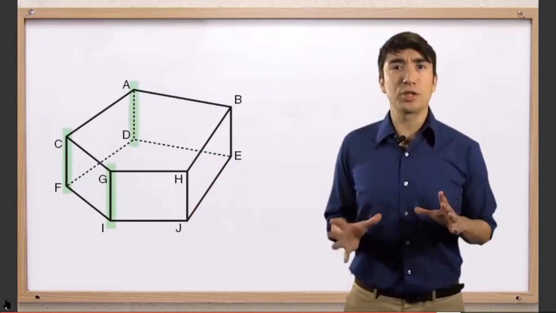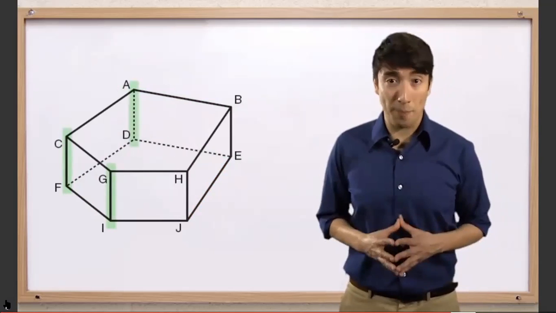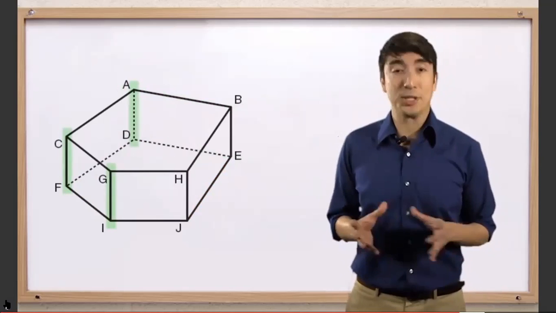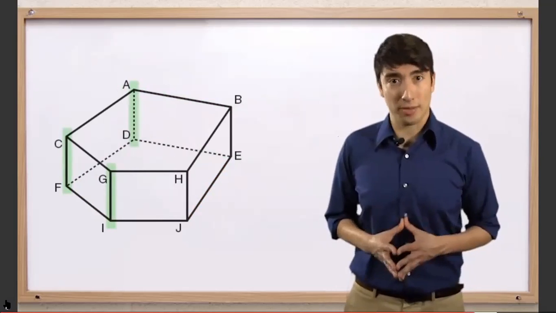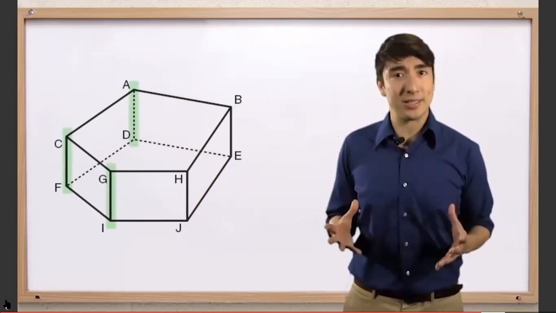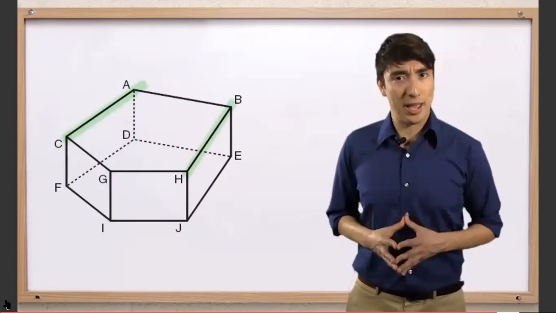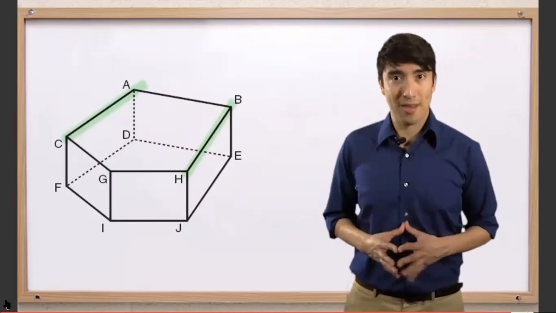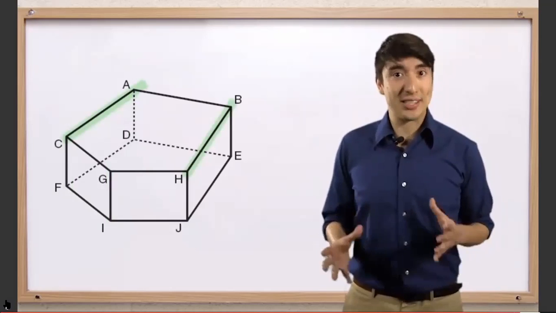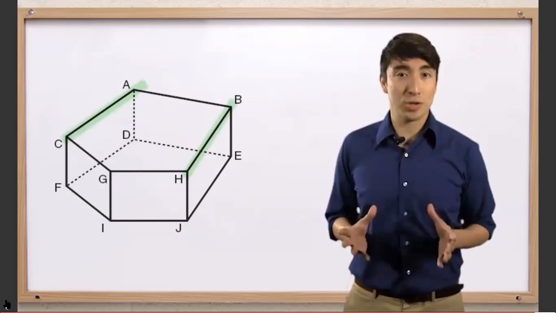It is interesting to note that while segments CF and GI are parallel and CF is parallel to AD, they are not all parallel to each other as they do not exist in the same plane. Are segments CA and HB parallel or skew? Actually, they are neither, as they exist in the same plane, the top face, and they will eventually intersect.